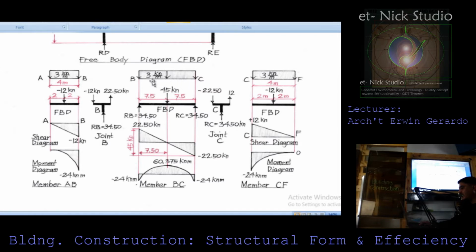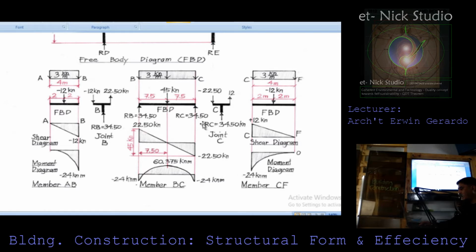In that way, the unit of meters is eliminated. Then, because 22.50 kilonewton is already being transferred in this direction, it is actually pointing upward.